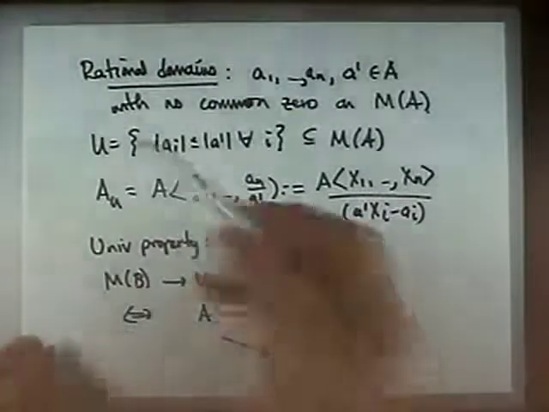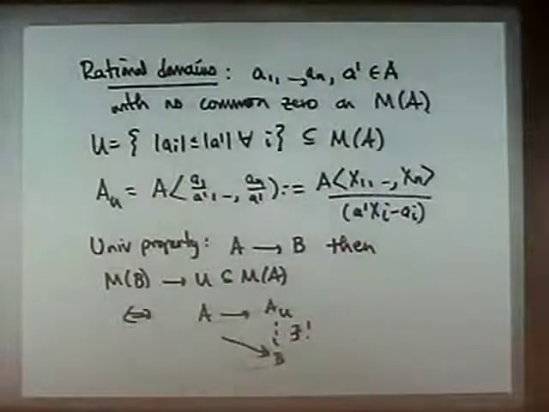These subsets are called rational domains, and we'll see some nice properties they have a little bit later. So these Weierstrass domains, Laurent domains, and rational domains are, in some sense, the fundamental kinds of open.